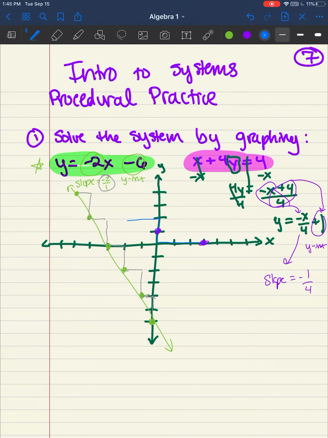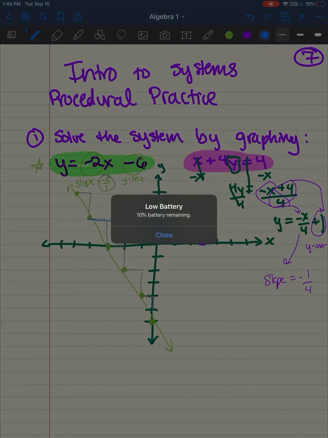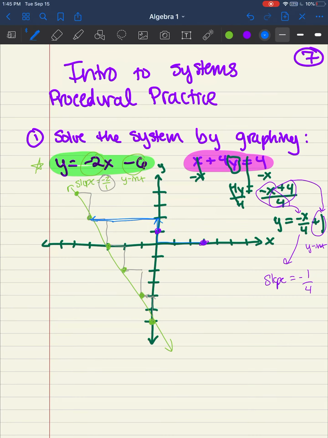So 1, 2, 3, 4. So is that up 1 and run 1, 2, 3, 4. Run 4. And then you'll notice that when I graph it, this purple dot falls right on top of that. And I can connect, oops, let's try that again. I can connect these points the best I can with a straight line.